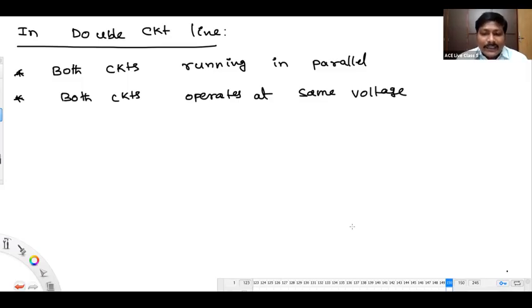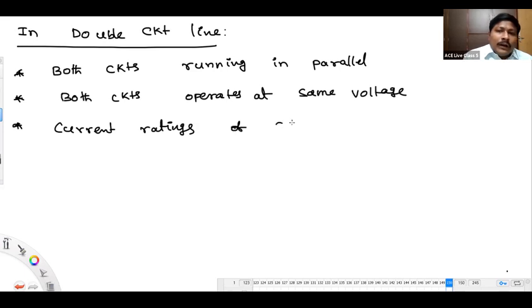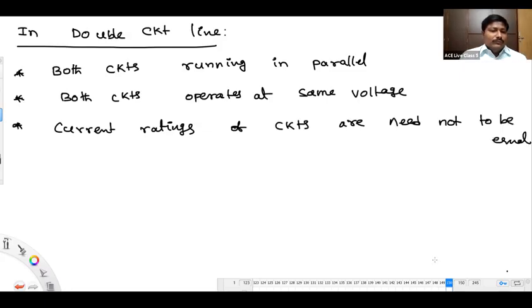Voltage ratings must be the same, but current ratings of the circuits need not be equal.